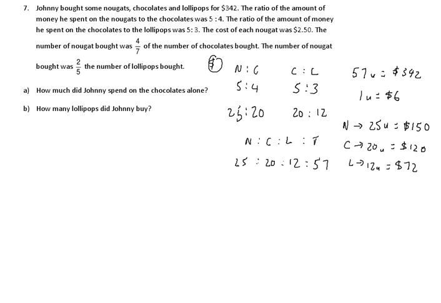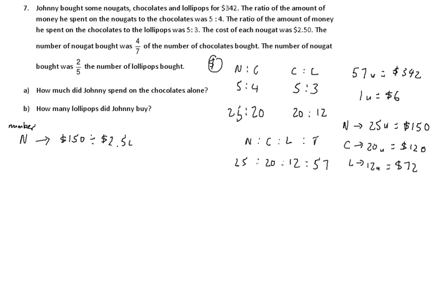Okay, to get the number of nougats, this is number of nougats. I just need to use the total amount paid for nougats, divide by 250 per nougat. When I divide by 250, just now, Adriana, how do you say was the answer?